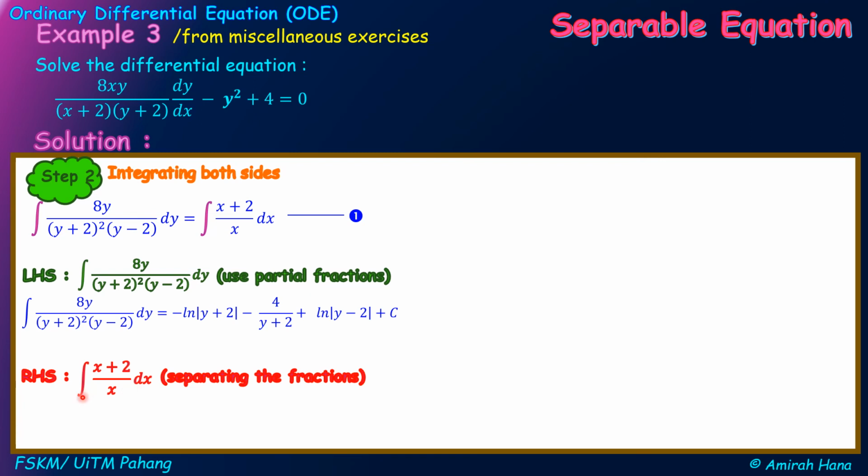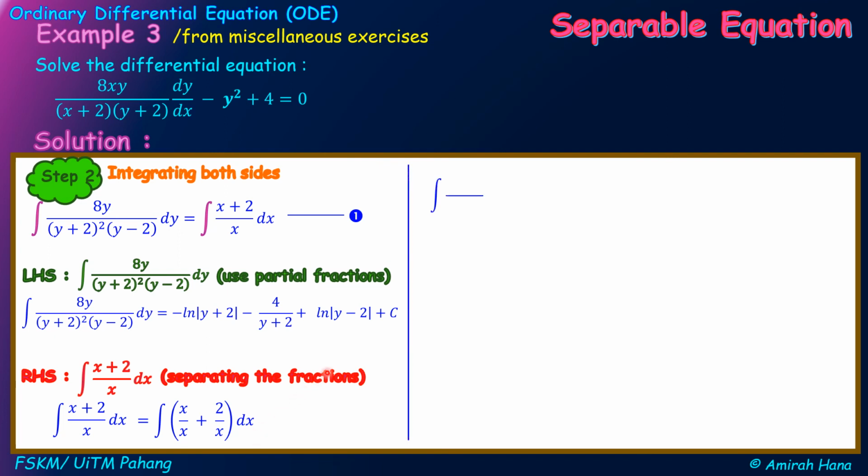To integrate x plus 2 over x dx, we separate the fractions because we have a denominator with a single term. So from the integration of x plus 2 over x dx, after we separate the fraction, we have the integration of x over x plus 2 over x dx.